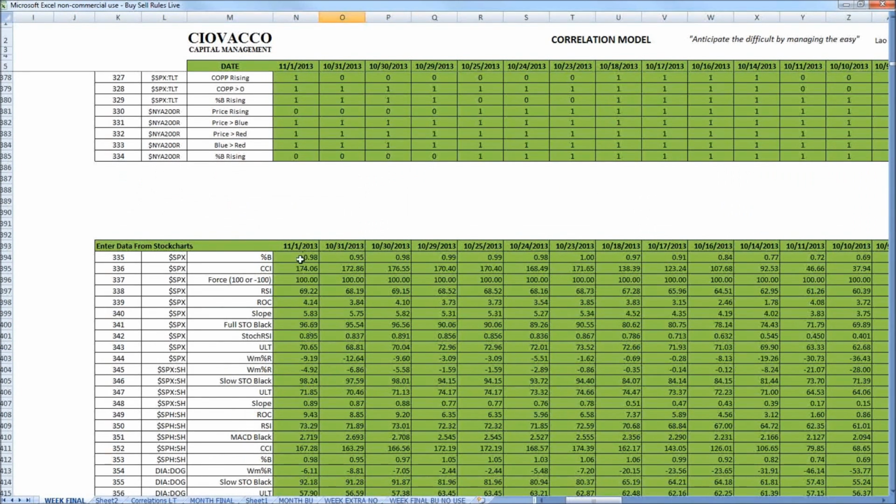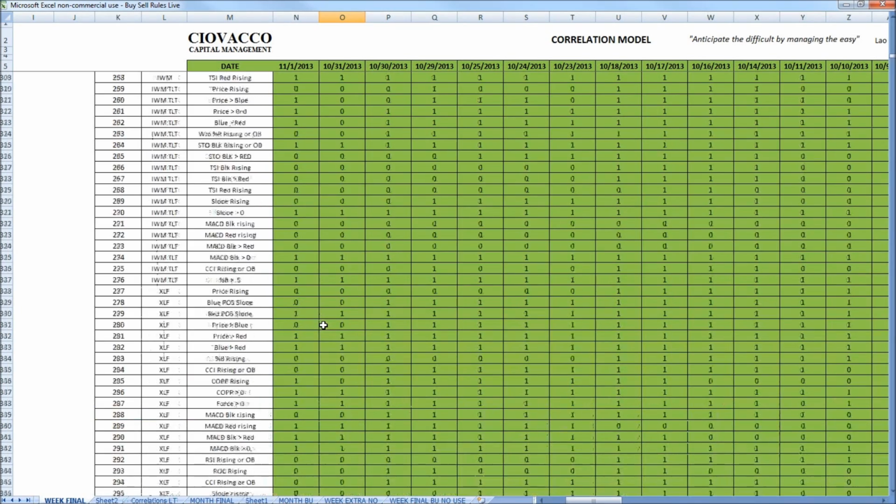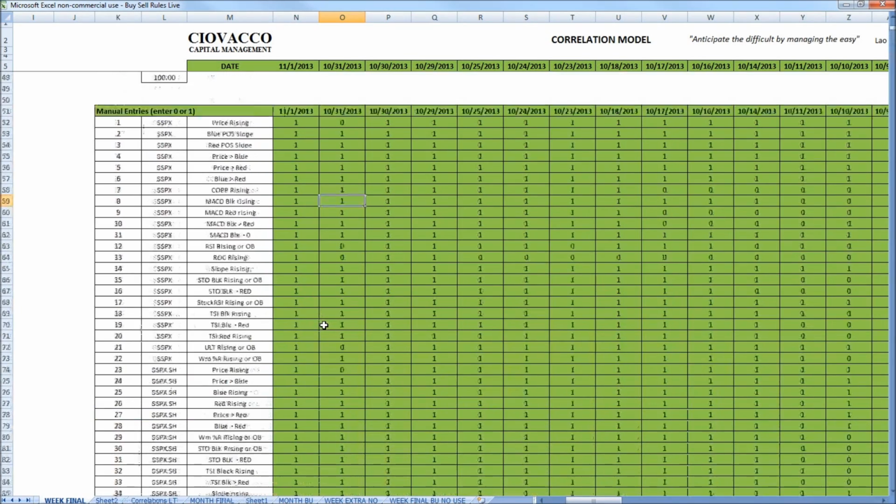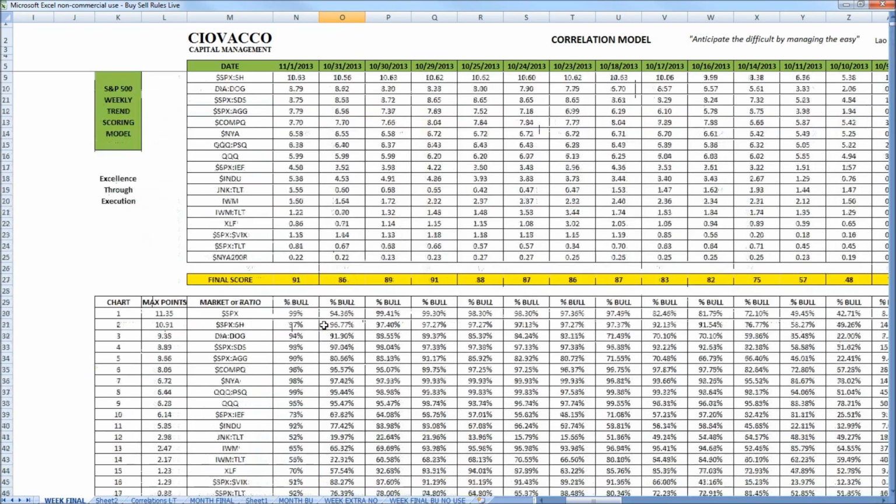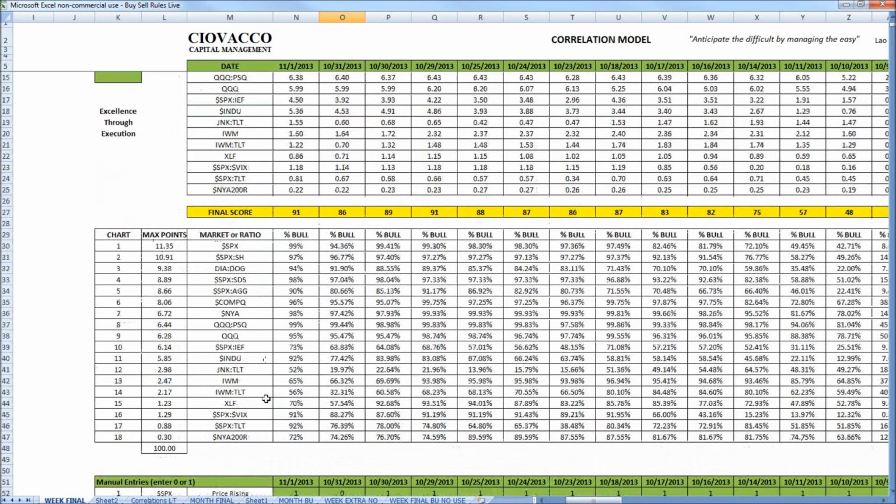And we also look at hard data. Then the model, you can see this is a massive spreadsheet that goes down here, takes all of this information, weights it properly. Each chart is weighted differently, and each indicator and each answer is weighted differently. And then what it does is it produces these scores here that we'll review next.